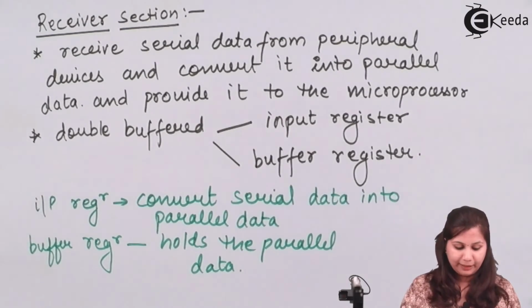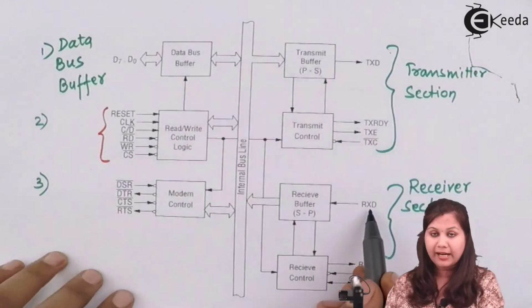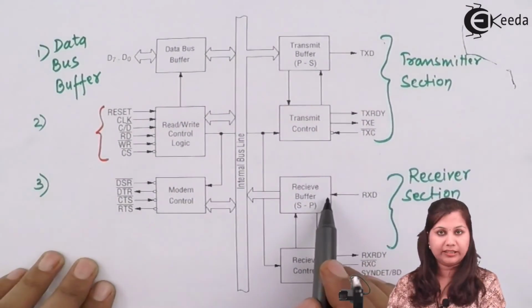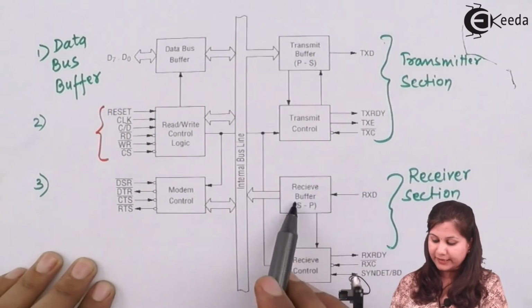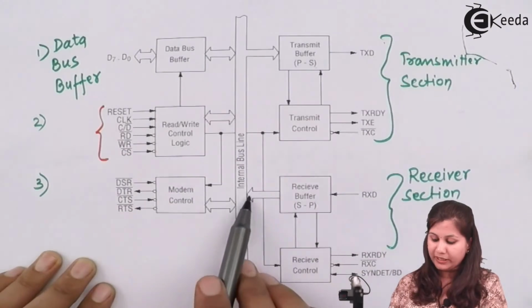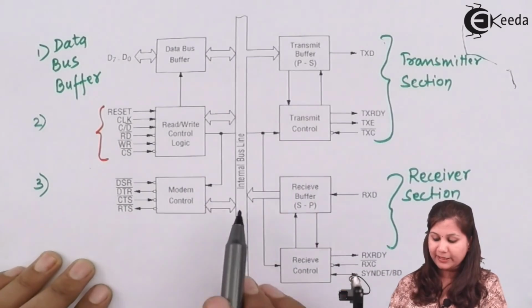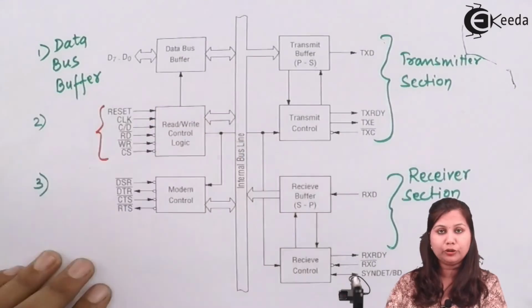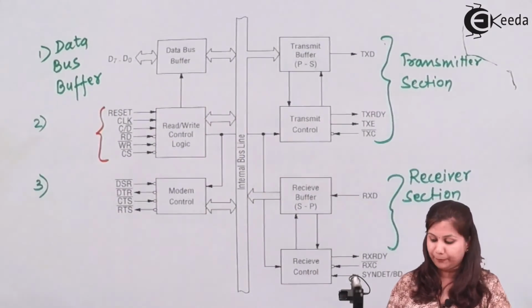In the block diagram of the receiver section, the RxD pin receives the data, and the receive buffer converts it into parallel form and provides it to the internal bus line so that it can be transmitted to the microprocessor.